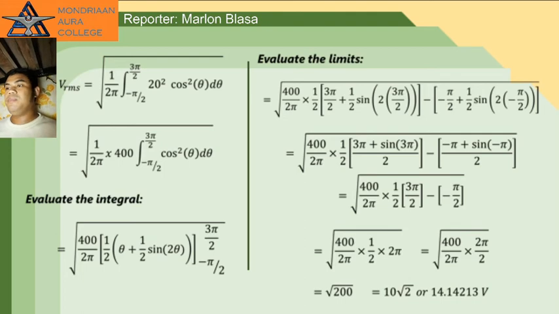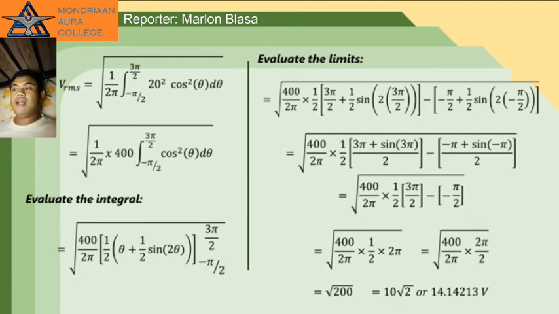Evaluate ulit natin. So, pagkasamahin natin lahat ng denominator niya. So, magkakaroon tayo dito ng 3 pi plus sine 3 pi over 2 minus negative pi plus sine negative pi. So, alam natin na yung sine 3 pi at yung sine negative pi is equals to 0. So, magsi-0 lang yan. So, ang kalalabasan na lang yan is 3 pi over 2 and negative pi over 2.